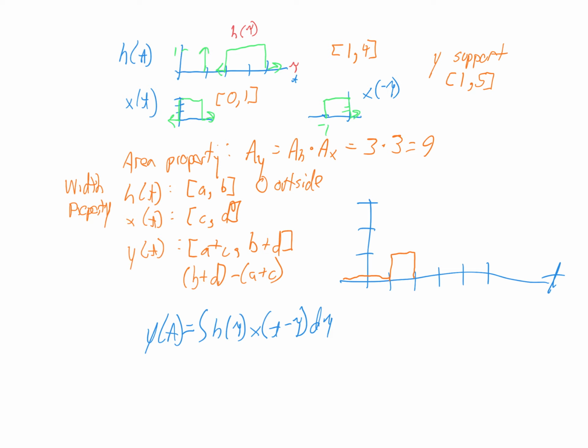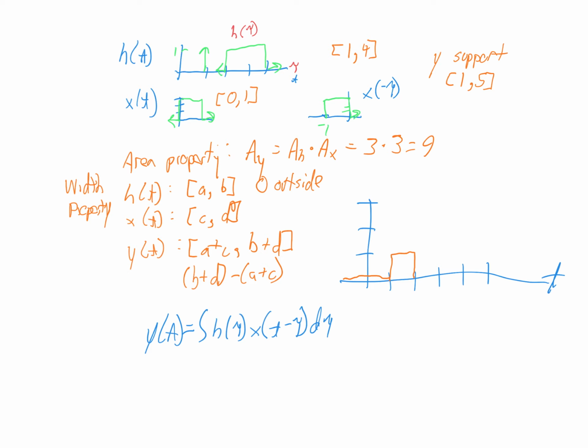So it starts by sampling this value here when t is 1, and it samples this value when t is 1.1, 1.2, 1.5, and eventually as I get to t equals 2, I'm right at this edge here, and it drops back down.